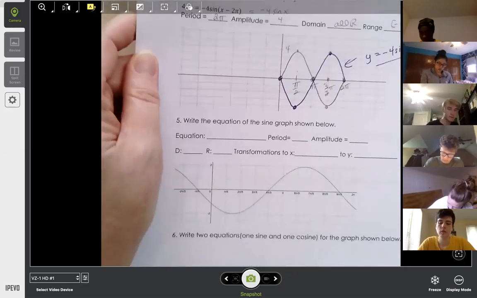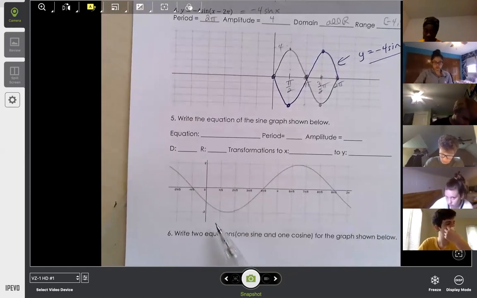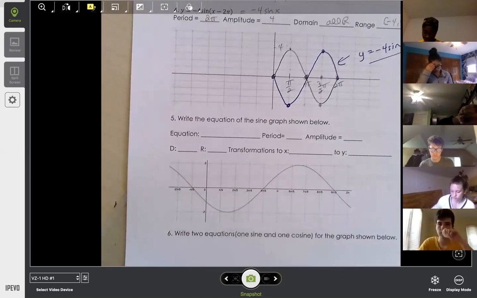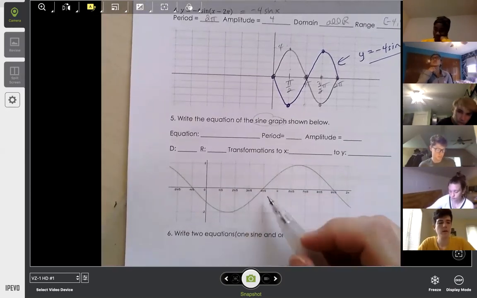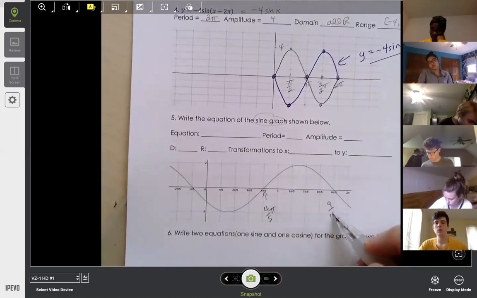Okay. So now we got some problems where we're going to write the equation of the graph. So look here, this says -pi/5, this says 4/5 pi, this says 9/5 pi. I'm writing the graph of sine. There's a couple different ways that you can look at this. This is 4/5 pi. I know it's kind of small print.